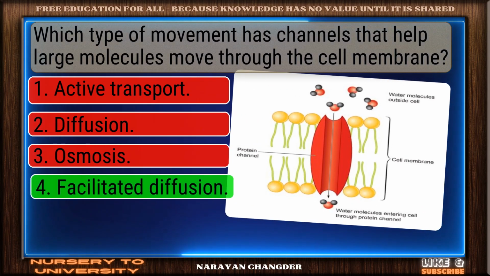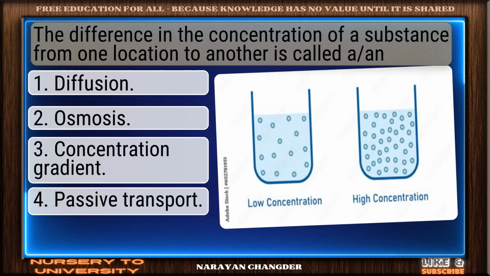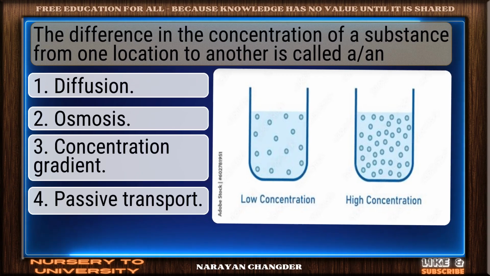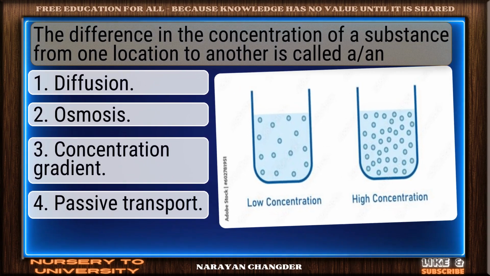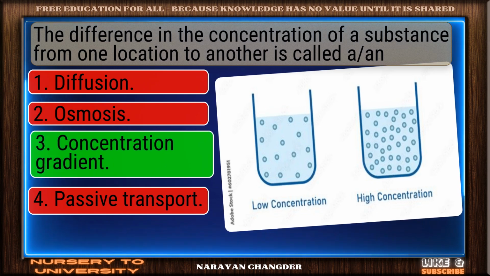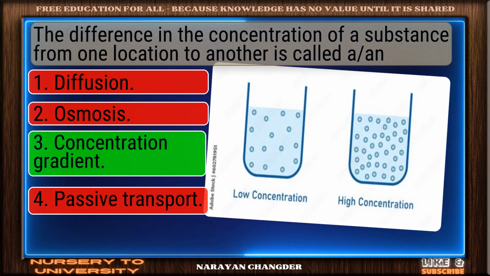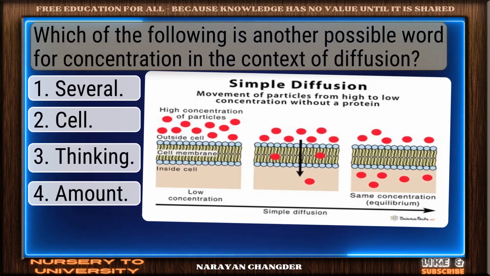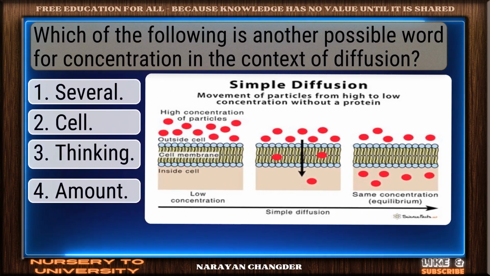Facilitated diffusion is the best answer. The difference in the concentration of a substance from one location to another is called an. You got it. Your choice concentration gradient is right. Which of the following is another possible word for concentration in the context of diffusion?